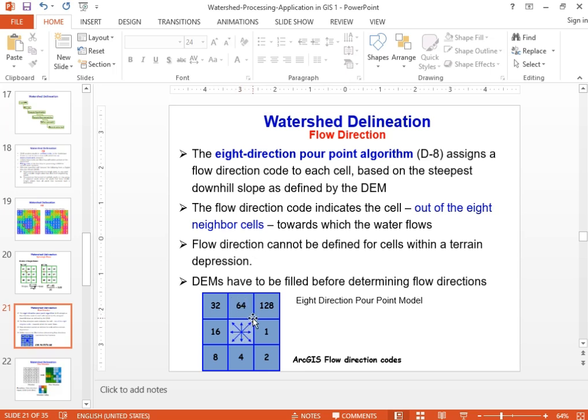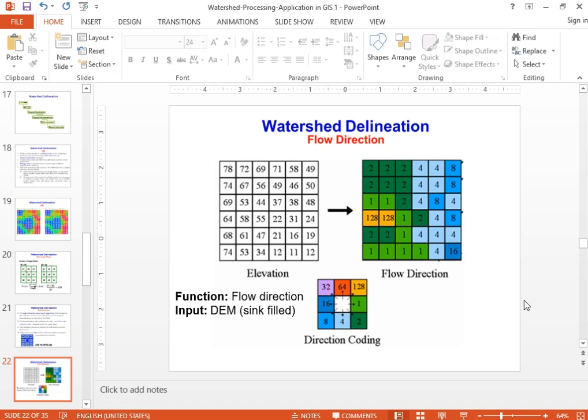And if its direction is just like this one, you should give 128. So 1 plus 1 is 2, 2 plus 2 is 4, 4 plus 4 is 8, 8 plus 8 is 16, 16 plus 16, and just like that we are obtaining these values. Therefore, in order to know the flow directions, this 8 direction 4-point algorithm is important.